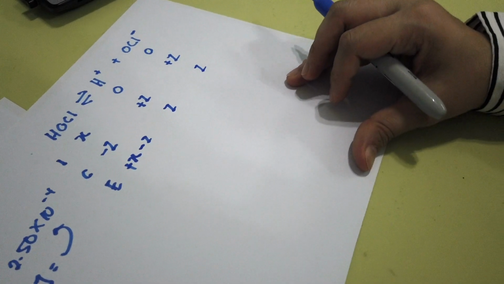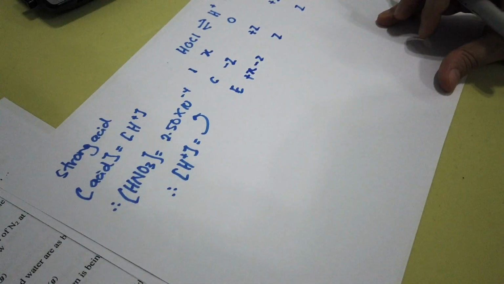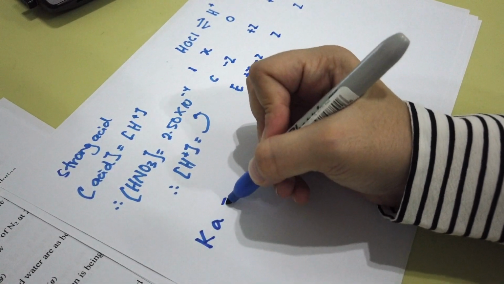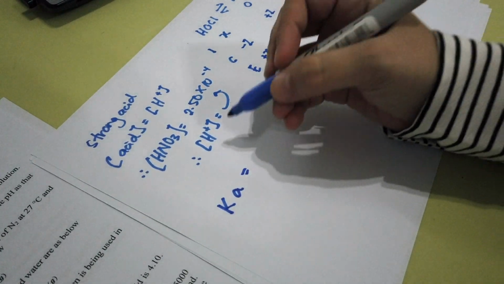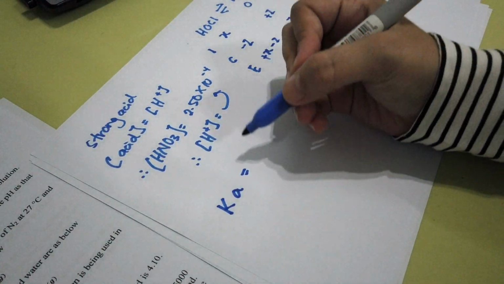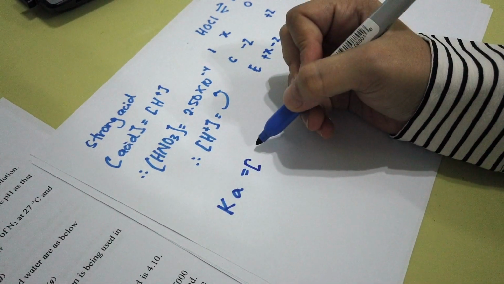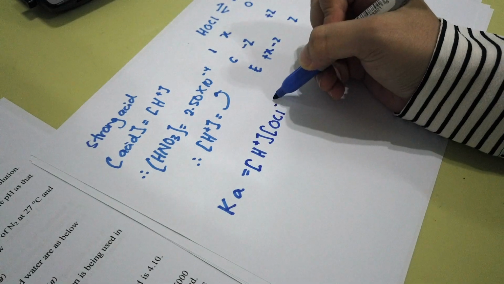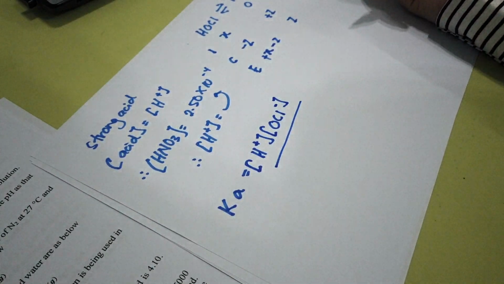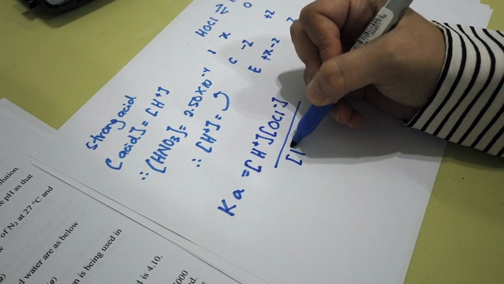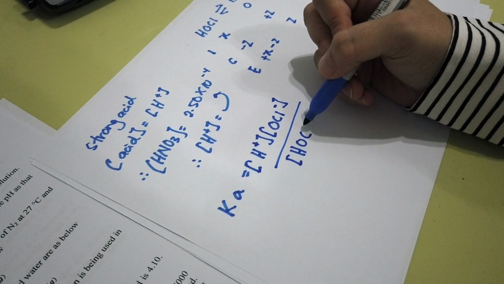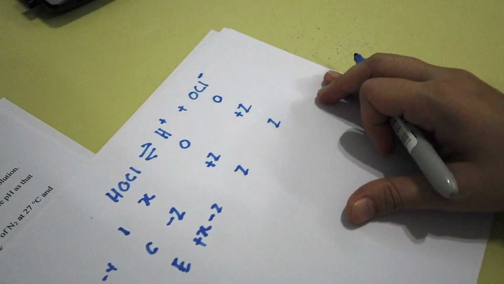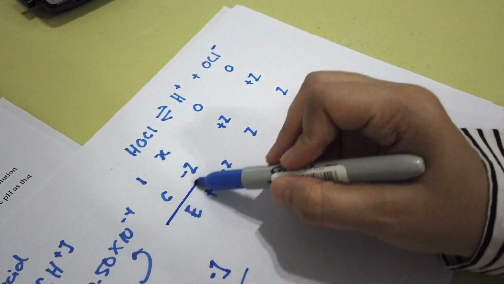So you are going to do the Ka. Ka is equivalent to whatever is in the products, which is the H⁺ times the OCl⁻, divided by whatever is in the reactant, HOCl, where you need to look back at the equilibrium.